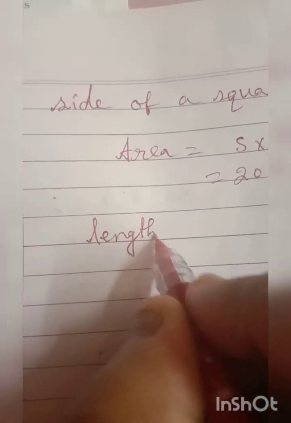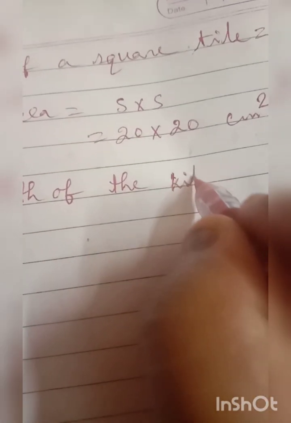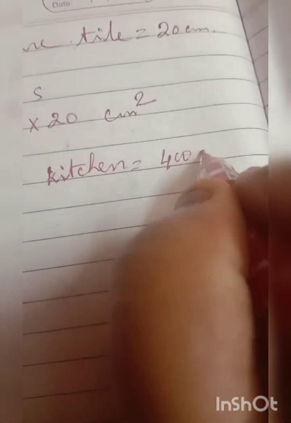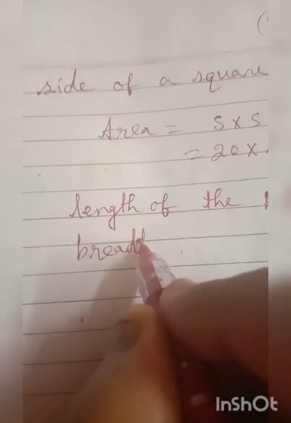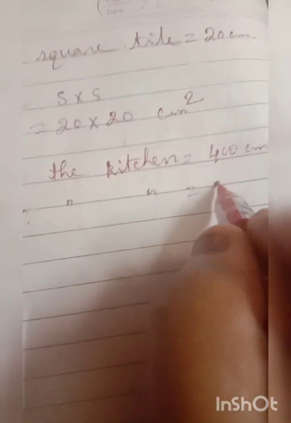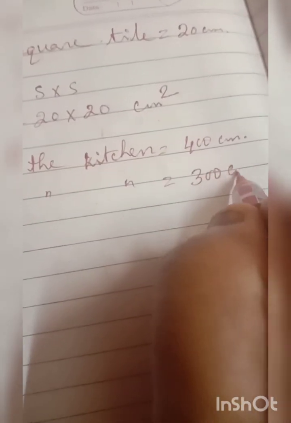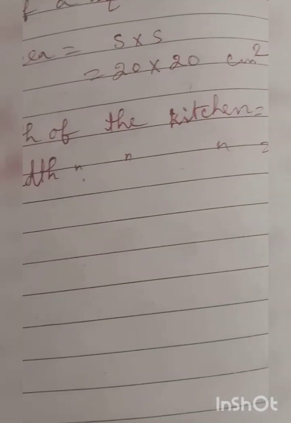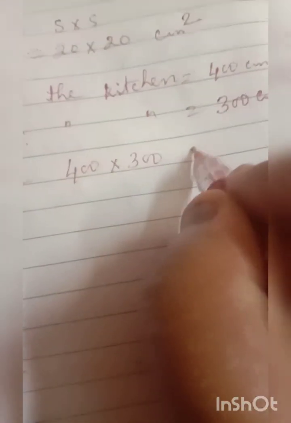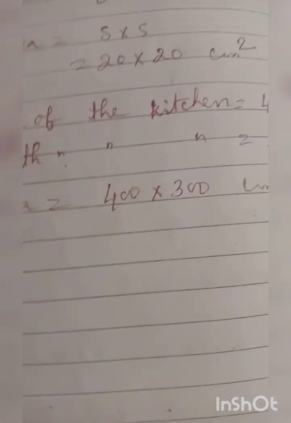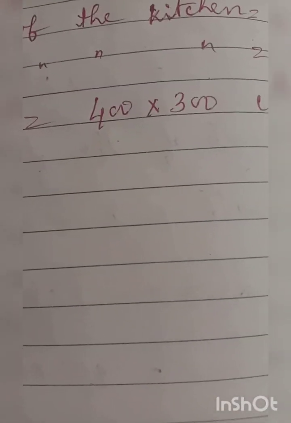Length of the kitchen 400 centimeter. Breadth of the kitchen 300 centimeter. Area equal to 400 multiply 300 centimeter square, because area equal to length multiply breadth.